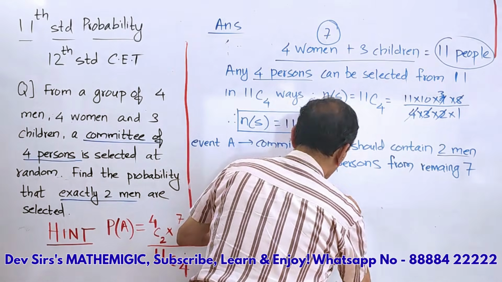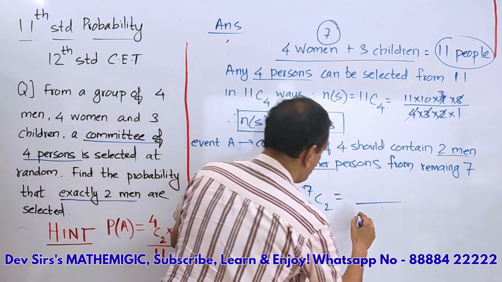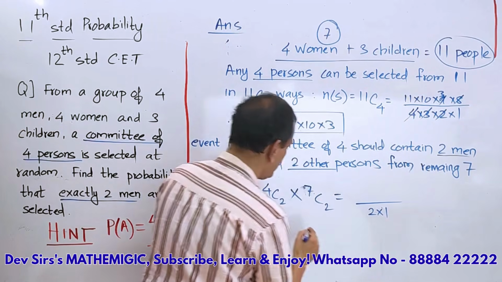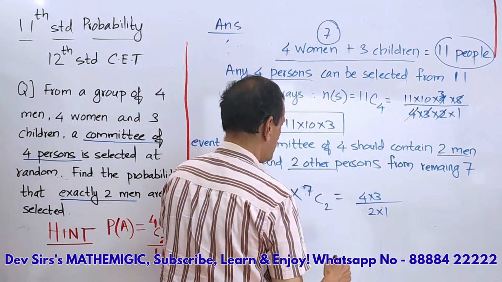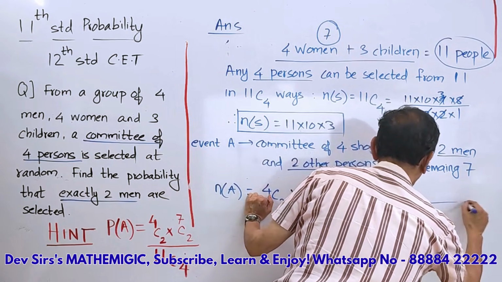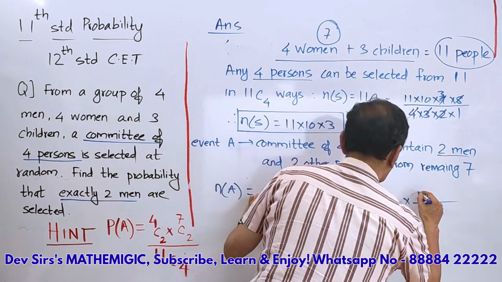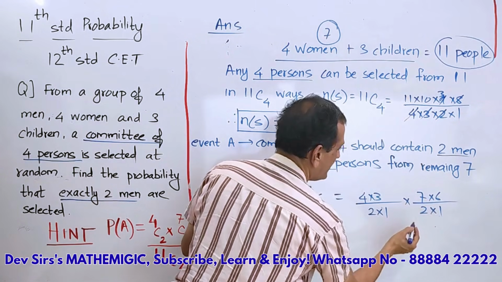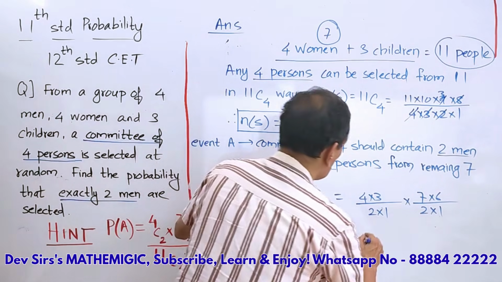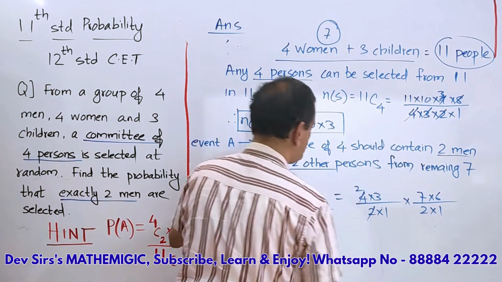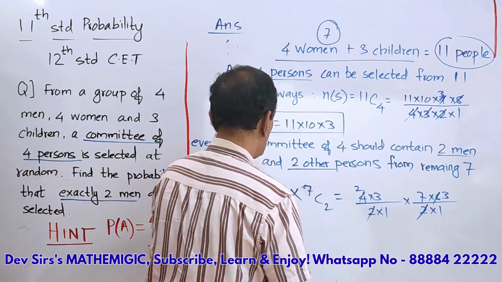Now we will calculate. 4C2 is how much? 2 into 1, 4 into 3. 7C2 is how much? 2 into 1, 7 into 6. Take 2 numbers here and 2 numbers at the top. 2 2s are 4, 2 3s are 6.